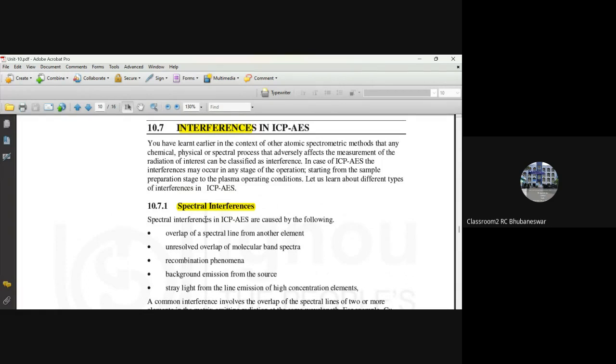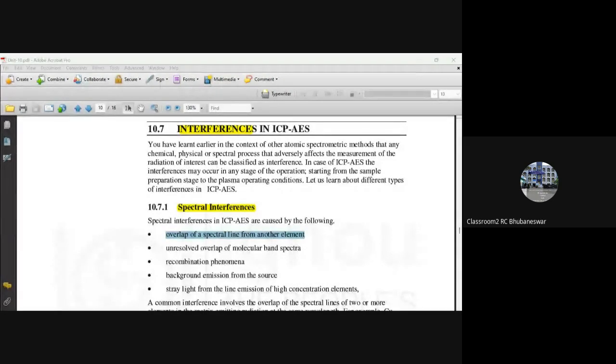Spectral interference comes first from overlap of a spectral line from another element, like the way we saw for cerium. If some other element is present in some amount, even if you have purified the sample, then it creates the problem, like the way now we are getting noise from other signals.